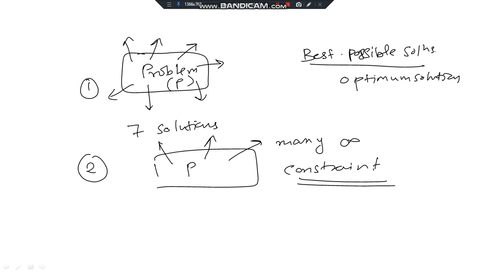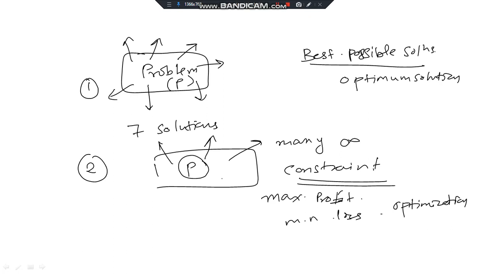And again, if I want to maximize my profit, let us say my problem is related to sales, and if I want to maximize my profit or minimize my loss, it becomes an optimization problem. And greedy method is very much helpful in solving such type of problem.